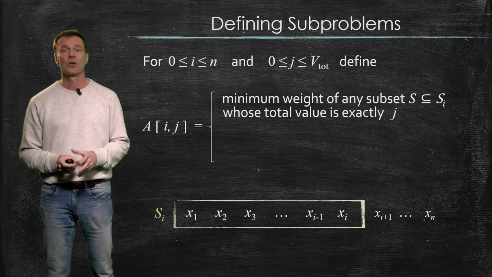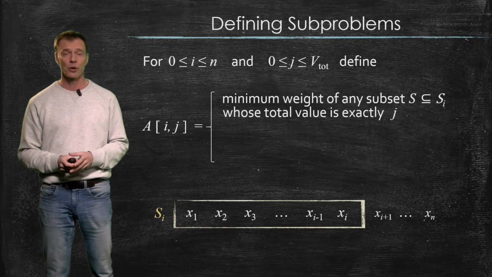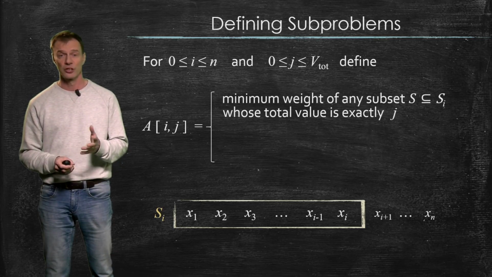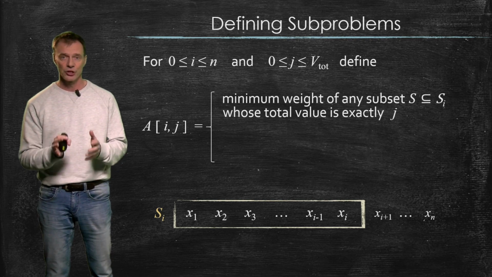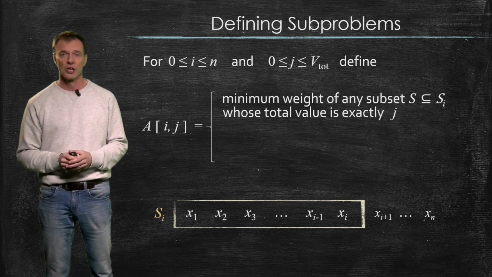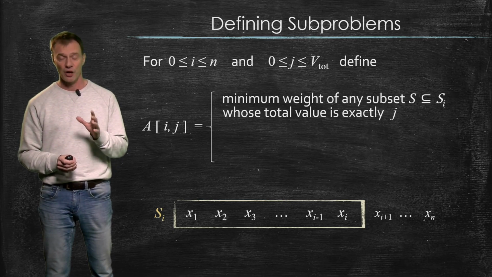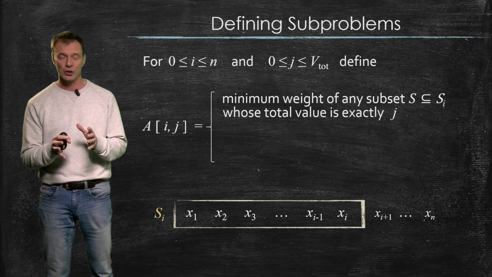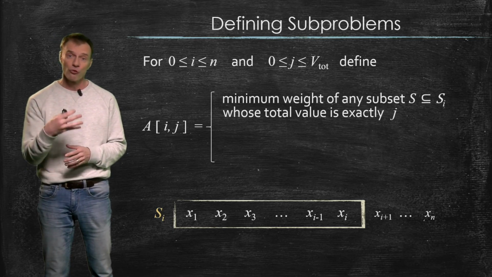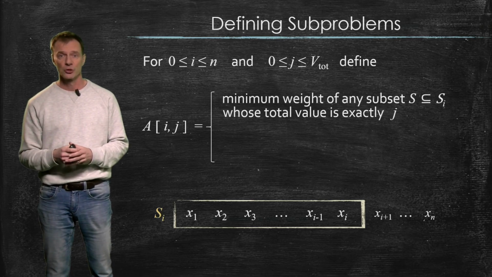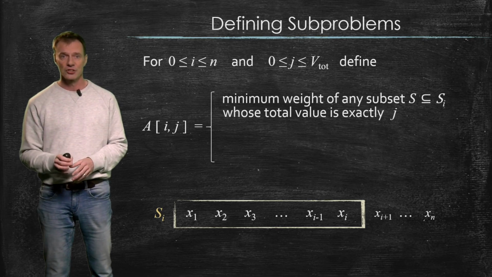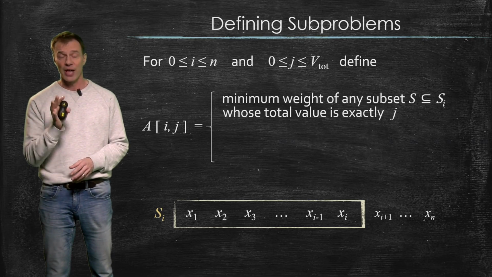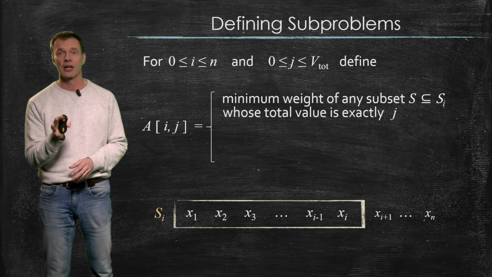Okay, when you want to develop a dynamic programming algorithm, and that's what we're going to do in this lesson, then we always need to define suitable subproblems. So here, the subproblems are specified by two parameters, i and j. And by A(i,j), I will denote the value of the optimal solution for this particular subproblem. So let's look at this in a little bit more detail. A(i,j) is the minimum weight of any subset of the first i items.